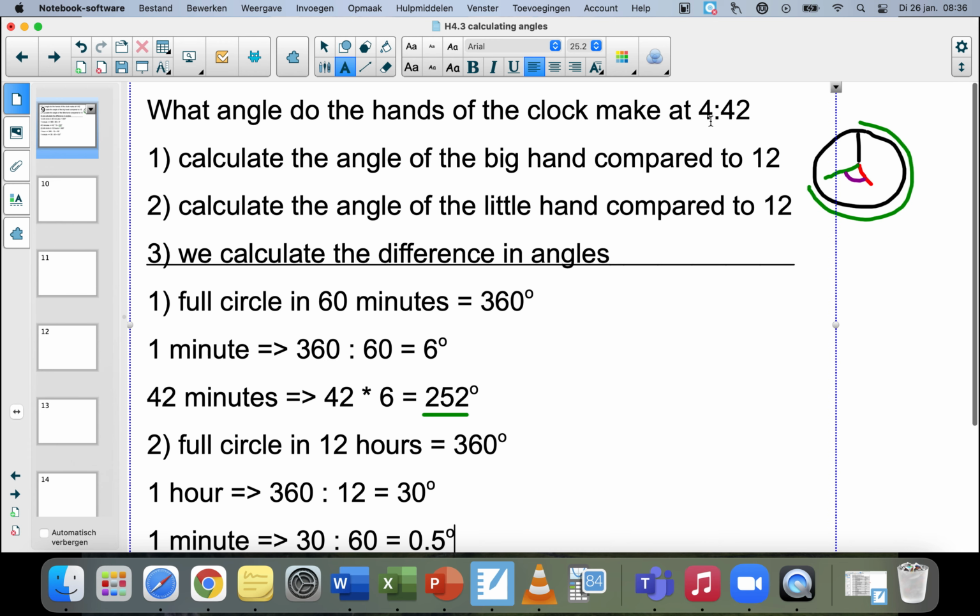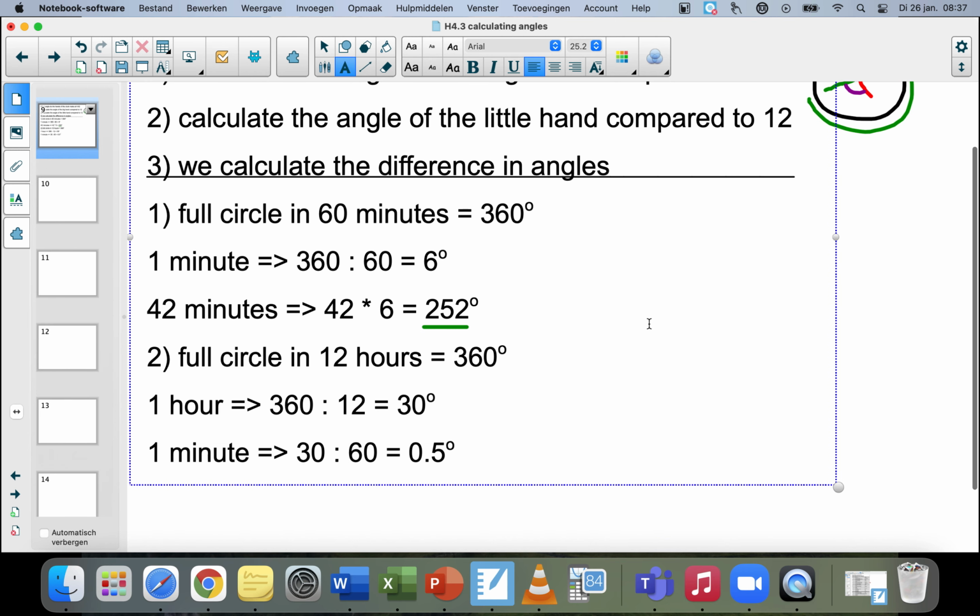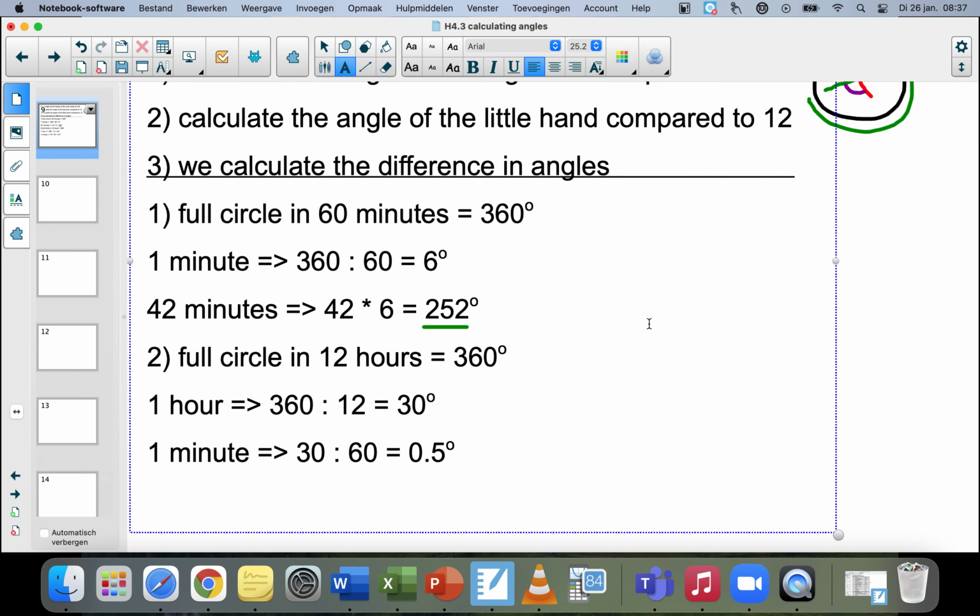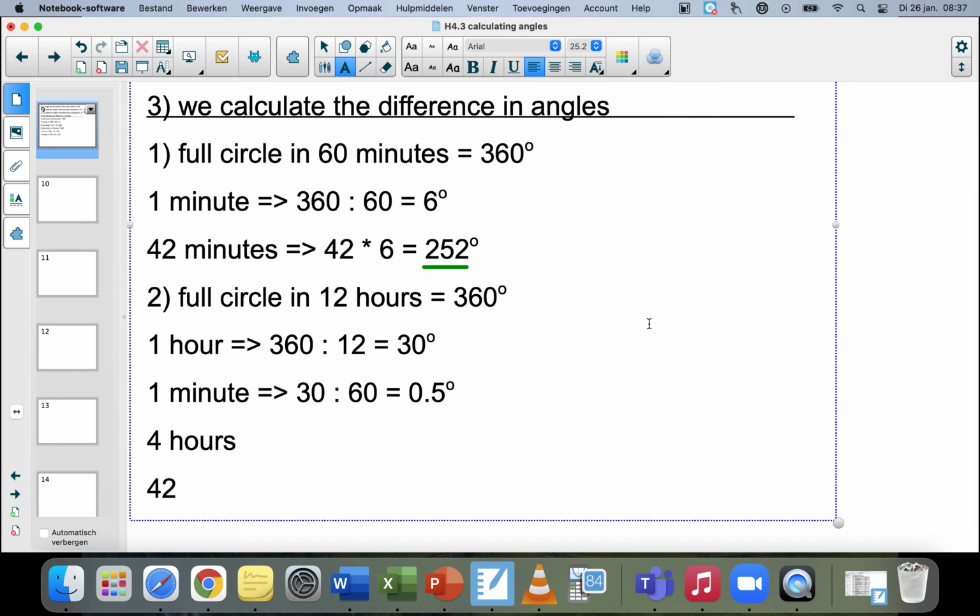We're looking at 4:42. So at 12 o'clock the little hand is straight up to the 12, and 4:42 means it's gone 4 hours and it's gone 42 minutes.